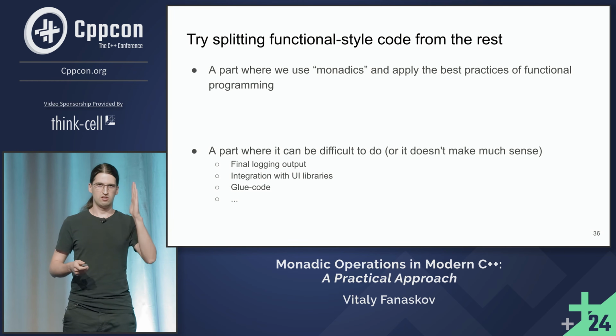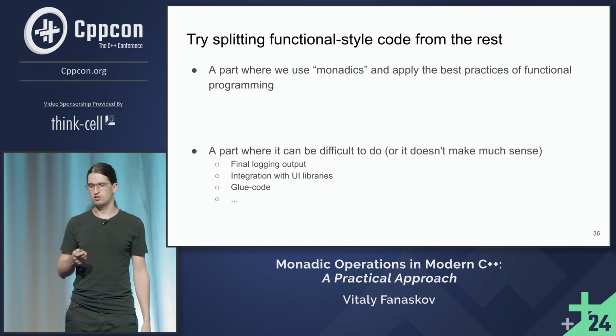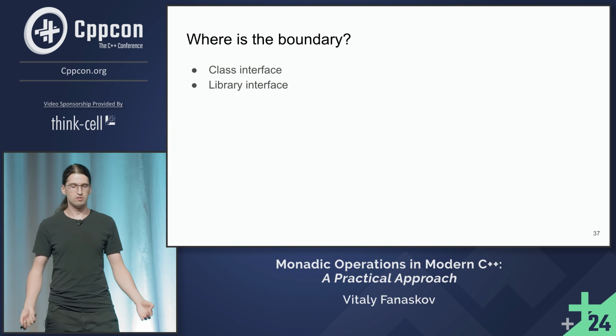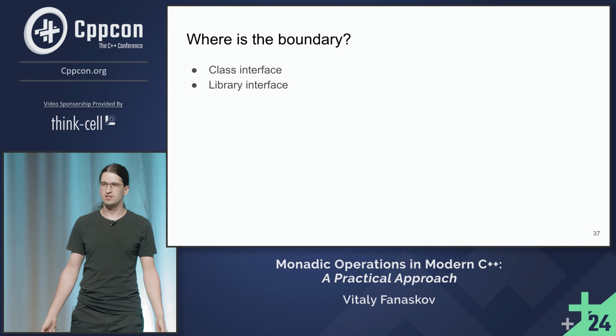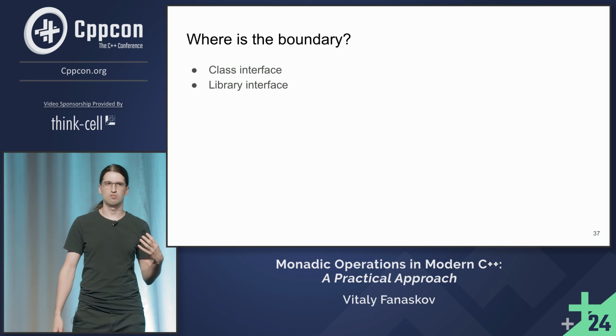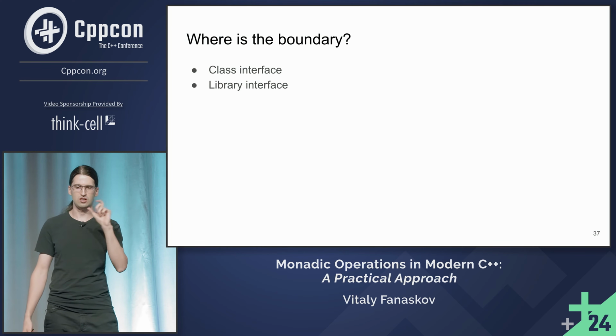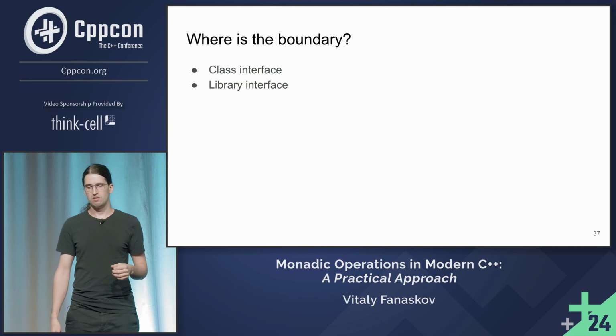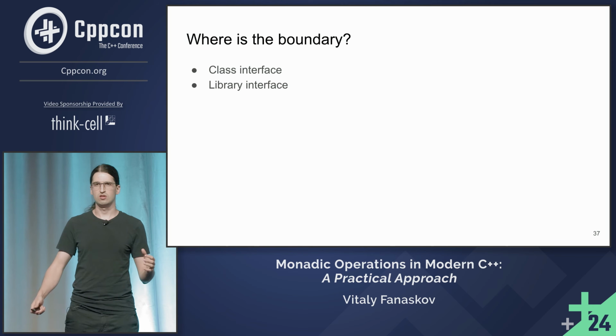So you need to have a very clean boundary between those. And this boundary can be on the class interface. I'm saying class here because we mostly do object-oriented programming. So your interfaces can return objects of expected or optional. And that's pretty much it. It can be transformed, of course, with a set of free functions later and the state that you pass between them. But still, or it can be the library interface itself, so the highly coherent set of classes, right?